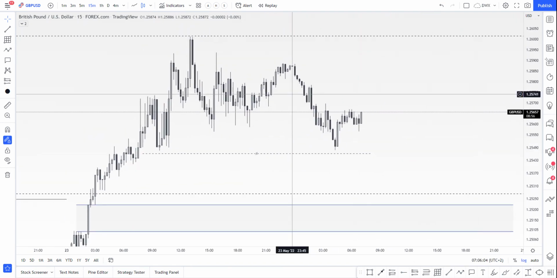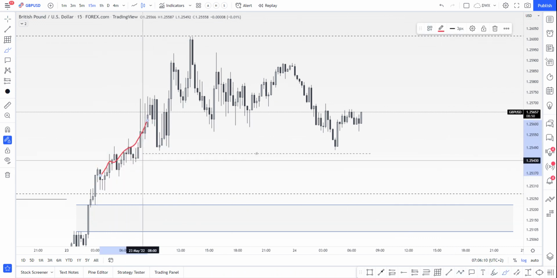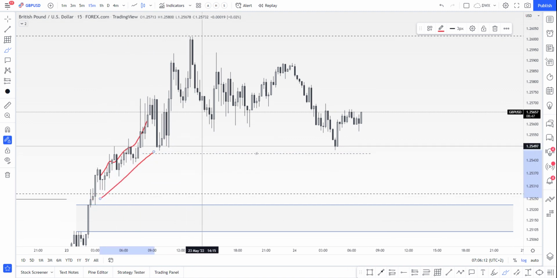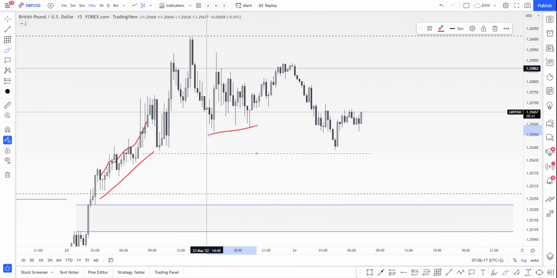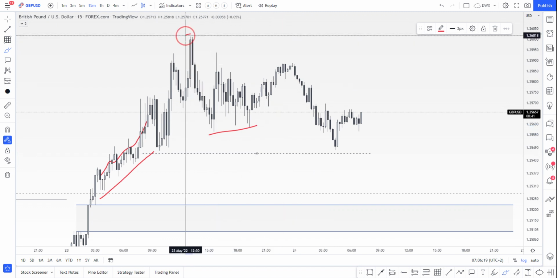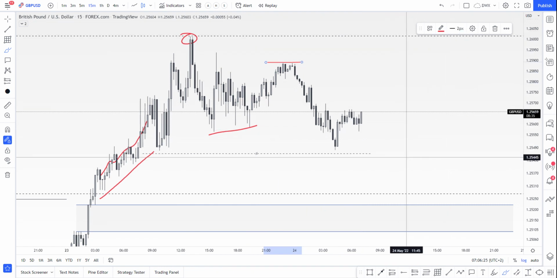So all of this is really messy. As you can see, messy price action, but we have liquidity below there. We have liquidity below here as well. And then towards the upside, we just have this target and these equal highs. So there's all of our liquidity objectives.